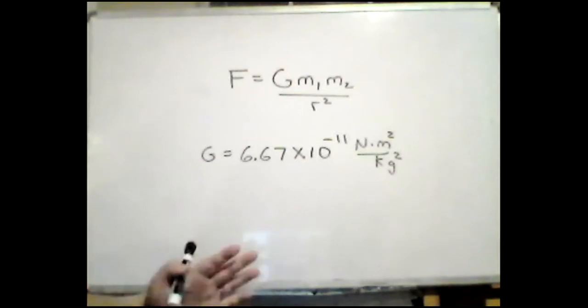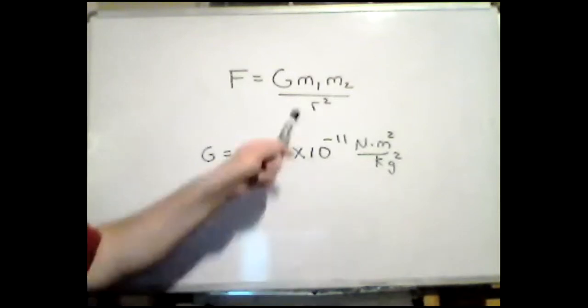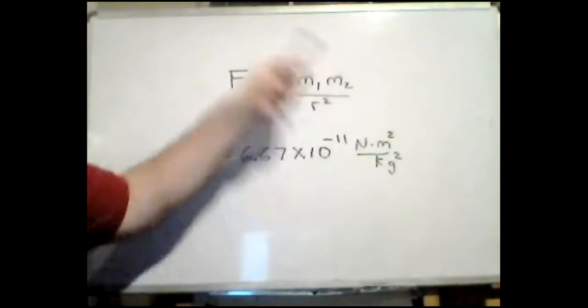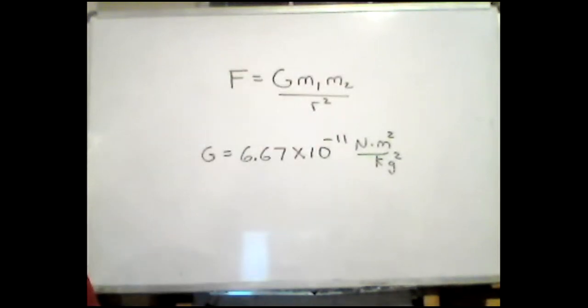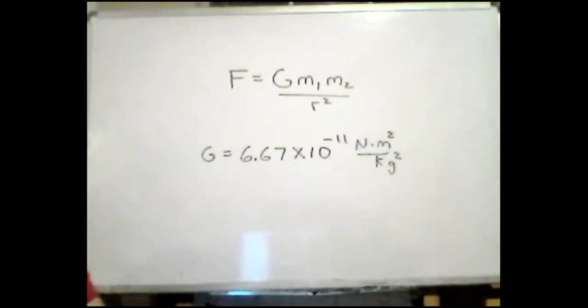As we move the bodies closer together, we have a smaller number in the denominator of a fraction, which means that the whole fraction is bigger. So the force will be larger. It's inversely proportional to the square of the distance. So how would I answer this question?